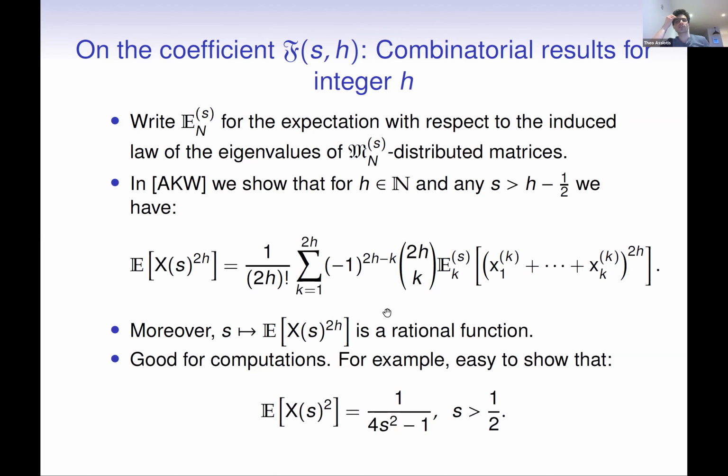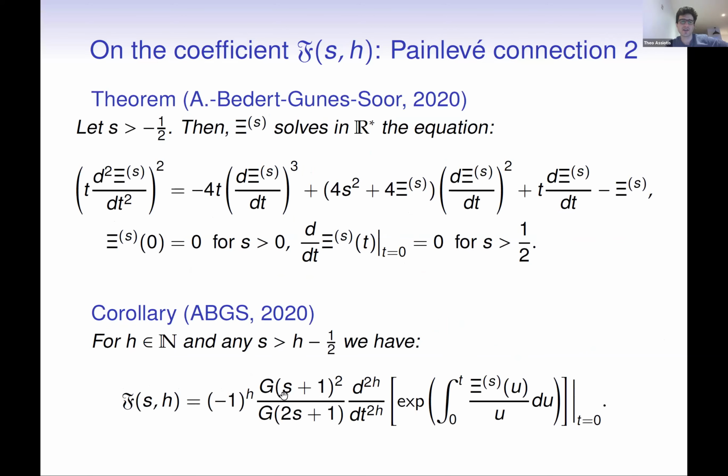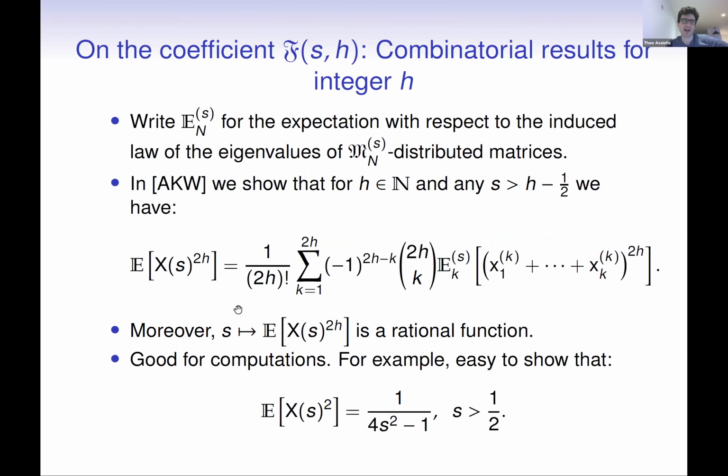But okay, that's a good question. It's not so clear, because this is for general S, how we could independently prove this directly from the Painlevé formula and this explicit formula here. It's not clear. So, are there any combinatorial expressions?